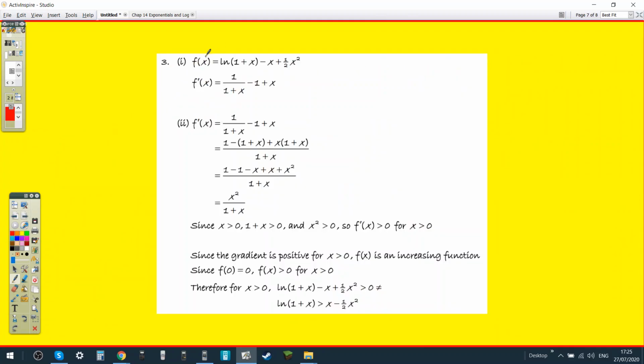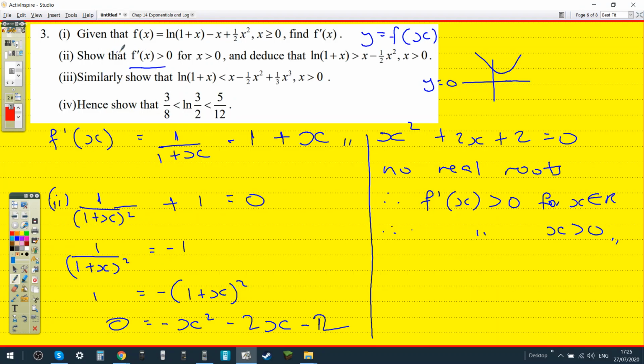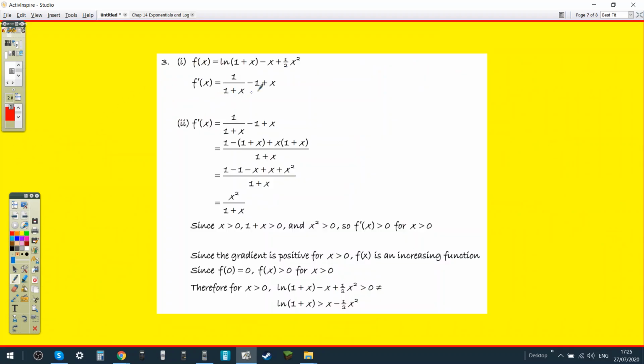Let's see. What part was this? Part 2. Oh no, okay. I don't know where they got that from. So they did the derivative, and then they solved the derivative. They rewrote it as a single fraction. Since the gradient is positive for x greater than 0, f of x is an increasing function. Since f of 0 is 0, f of x is greater than 0.